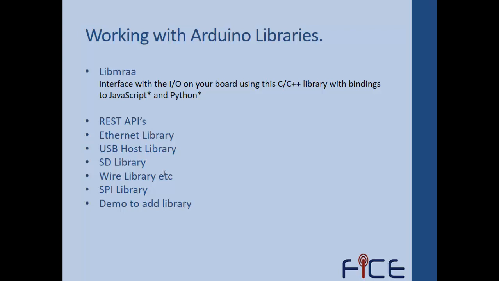Similarly, REST APIs are used for cloud analytics, uploading data over the cloud. Then we require the Ethernet library, USB host library, SD library, Wire library for I2C, and SPI library for SPI. All these libraries are there, and some other libraries also.